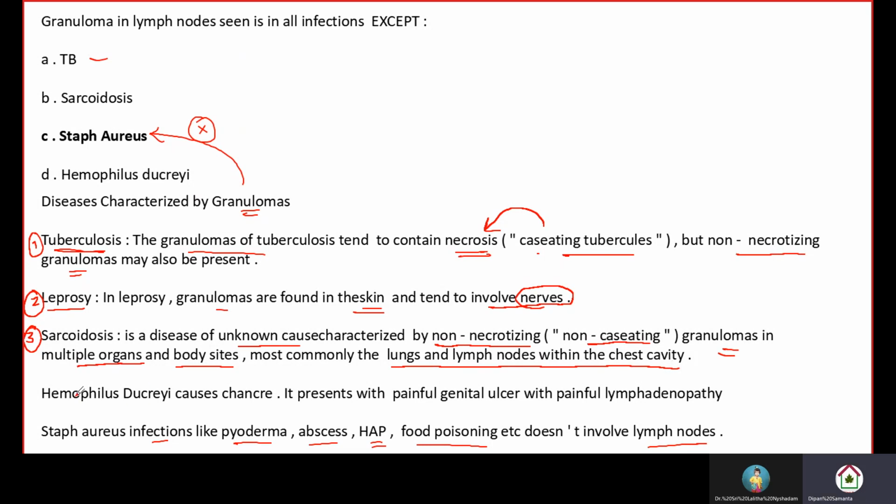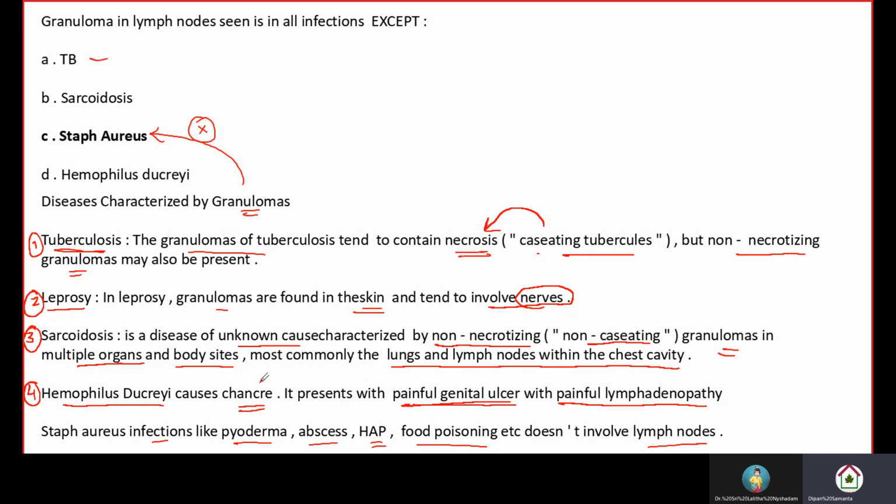Next is Haemophilus ducreyi. It causes chancroid, which is a lesion characterized by a painful genital ulcer with painful lymphadenopathy. So here also we can get granulomas.